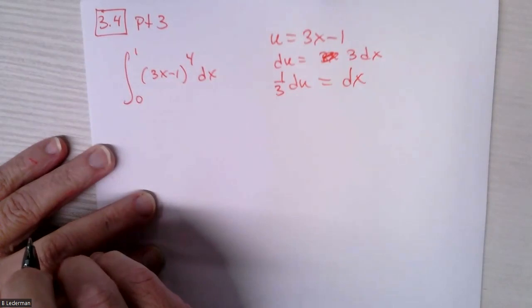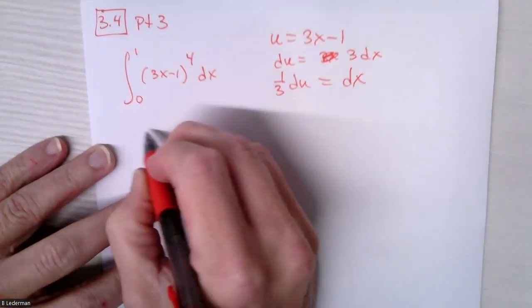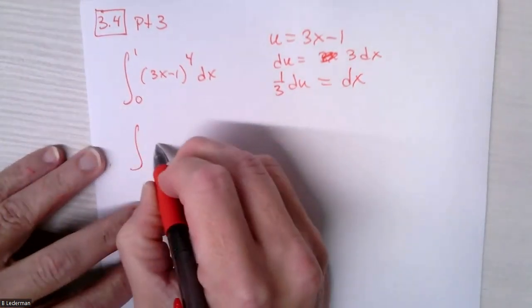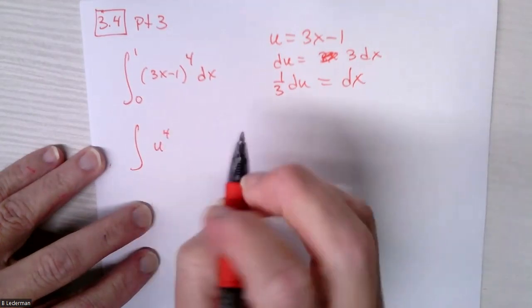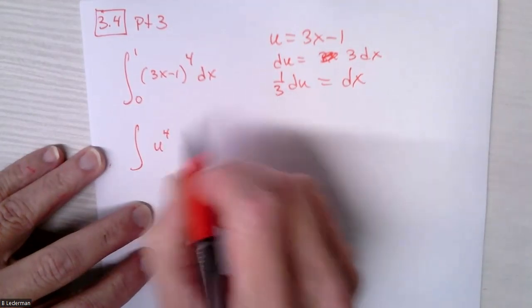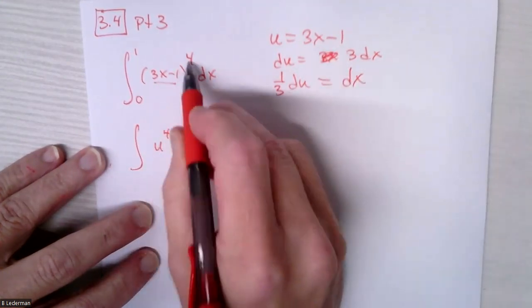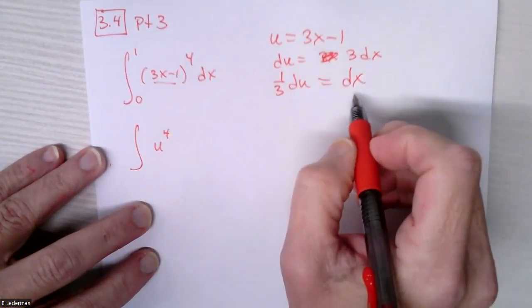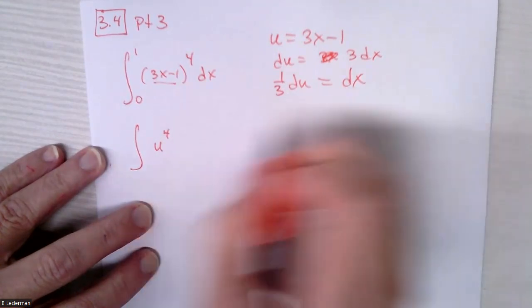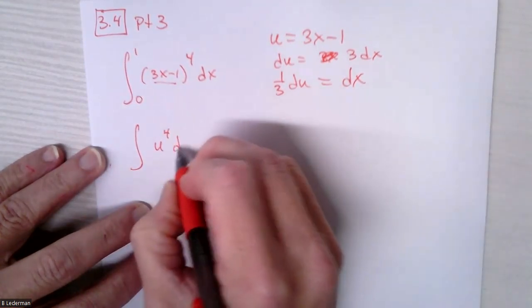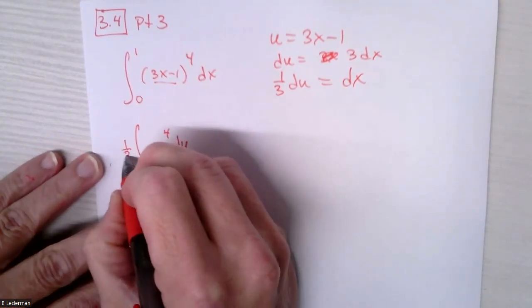Now this is just going to be the integral of u to the 4th, because this here is just u to the 4th, and dx is 1/3 du, so it's du, and I'll put the 1/3 outside.